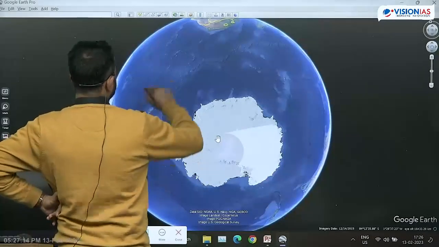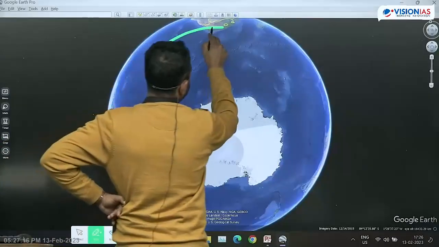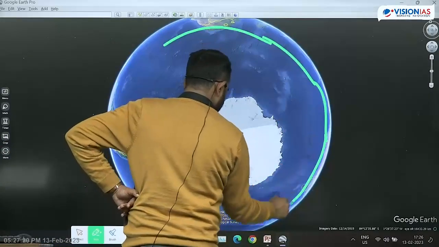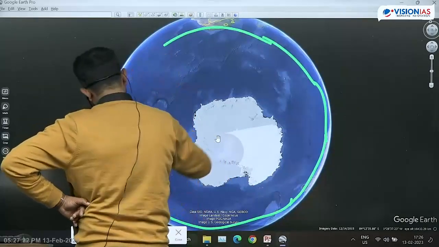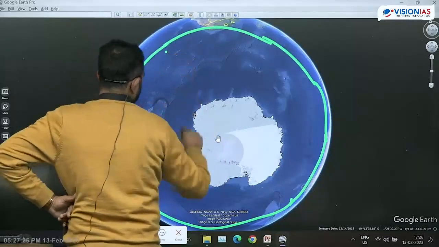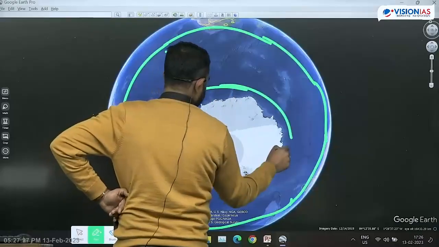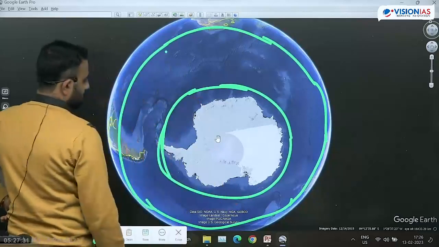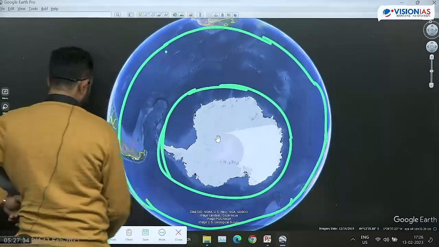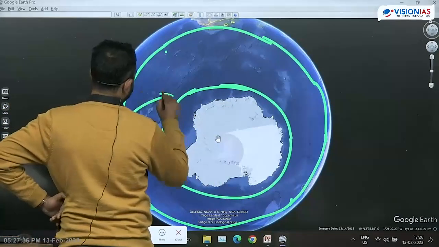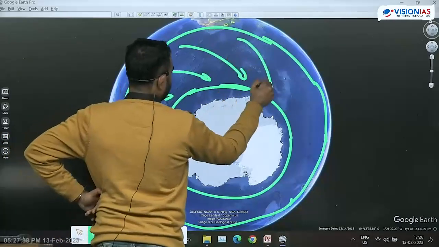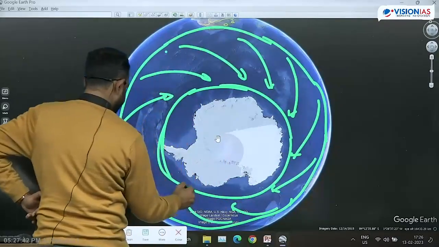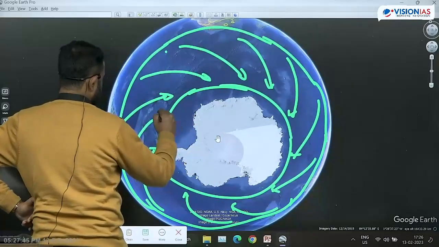This is almost 30 degrees, and this is 60 degrees, roughly. Between these two, we have the strongest wind system in the entire planet. Which wind system is it? Between 30 to 60 degrees south, westerlies.